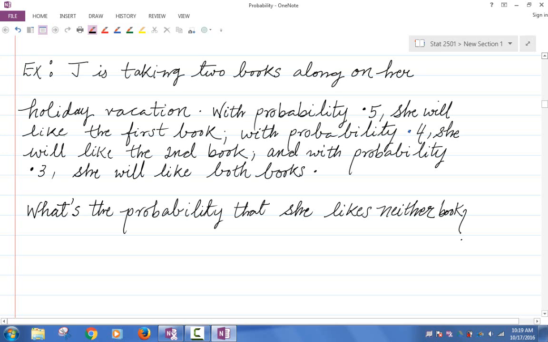The probability that she is going to like book 2 is 0.4. And the probability that she's going to like both book 1 and book 2 is 0.3. The question is, what's the probability that she likes neither book 1 nor book 2? Is the question clear to everybody?